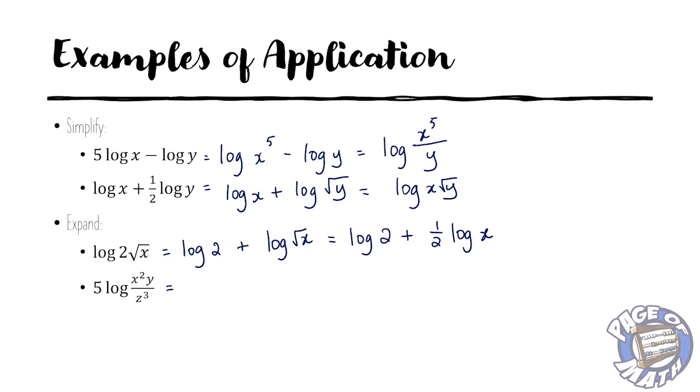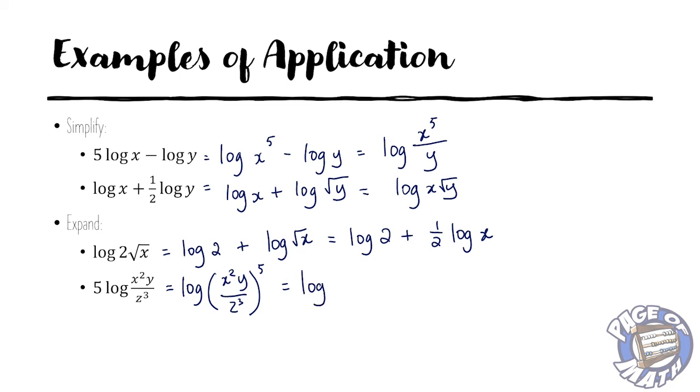And the last one, we have 5 log of x squared y over z cubed. So the 5 that is multiplied becomes the power of whatever we're taking the log of. So this becomes log, open bracket, x squared y over z cubed, and this is raised to the 5th power. So let's apply our laws of indices to simplify what's in here.